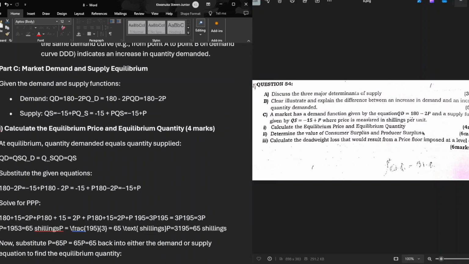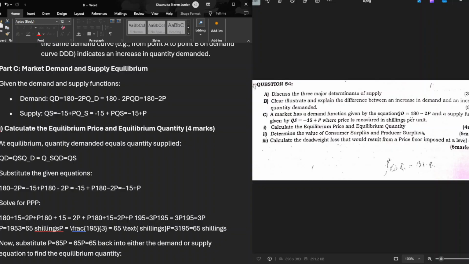Then we are given this equation. A market has a demand function given by the equation and supply function given by that equation, where price is measured in shillings per unit. Calculate the equilibrium price and the equilibrium quantity. Whenever they talk about equilibrium, quantity demanded equals quantity supplied.